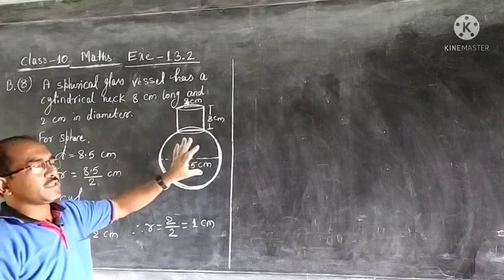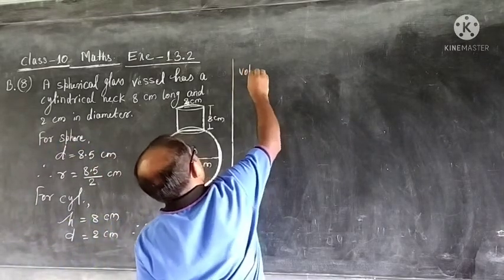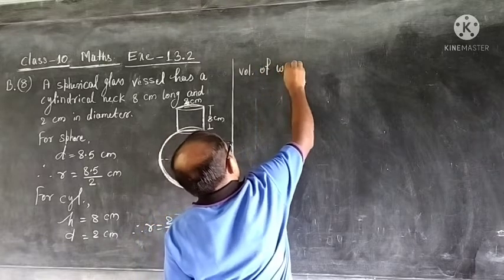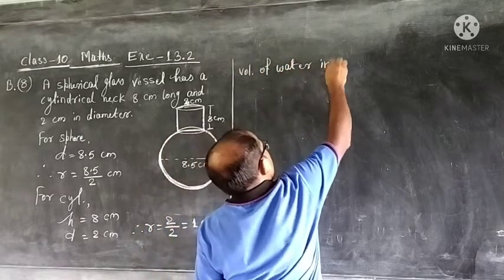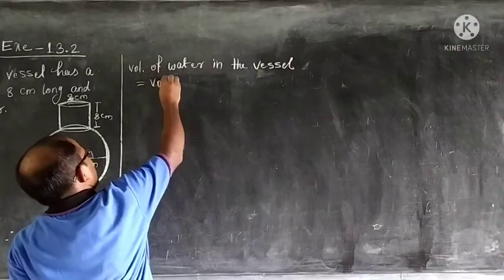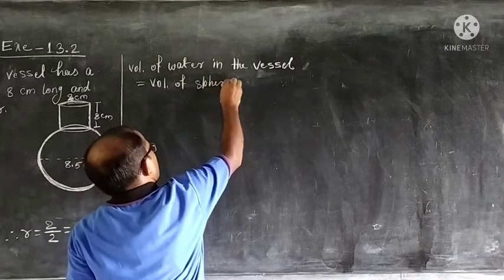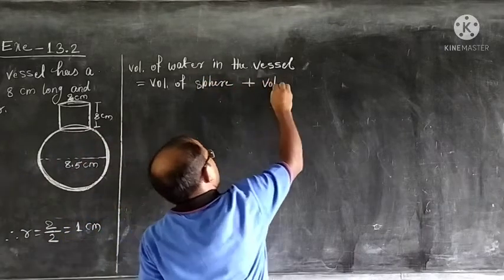Water is in this vessel. So, water has this shape. So, the volume of water in the vessel: we write the volume of sphere plus the volume of cylinder.